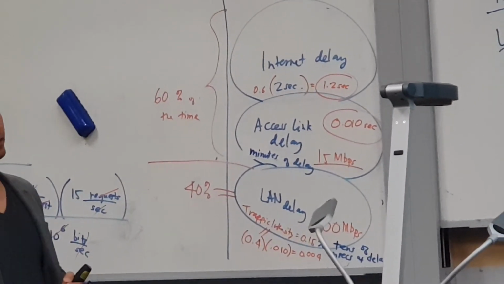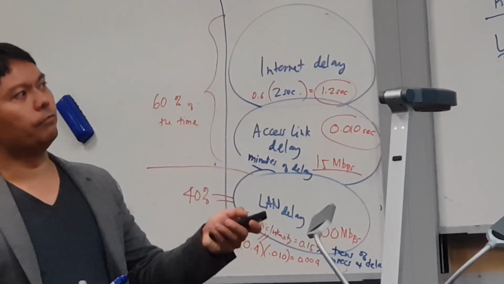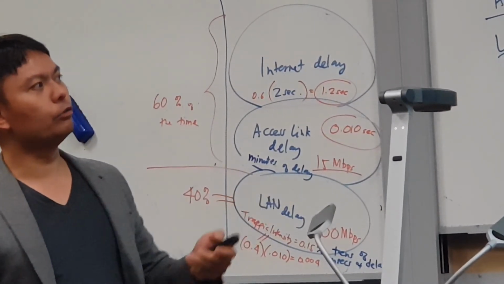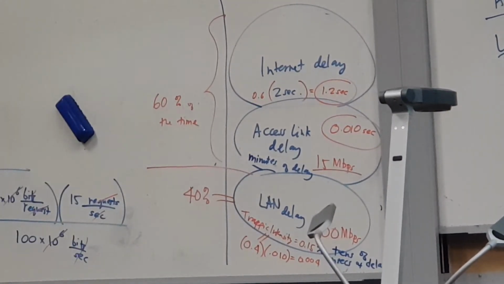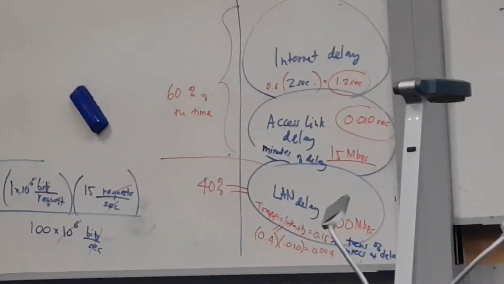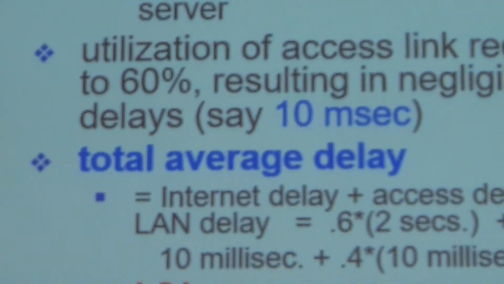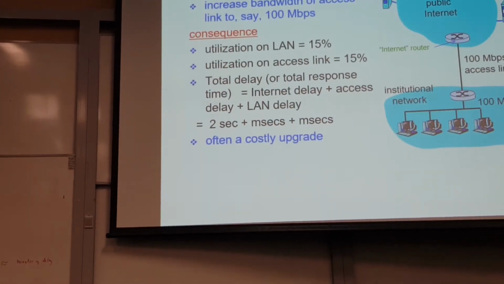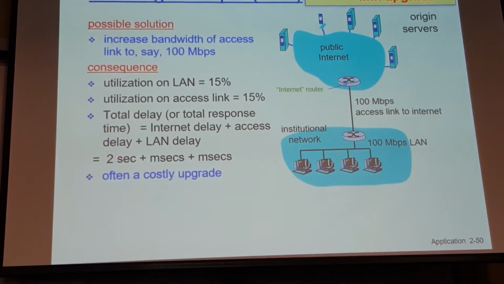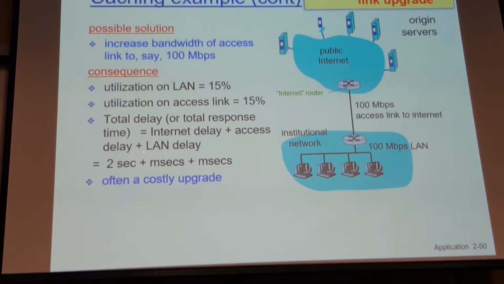If you put them together, we will be facing only a very small delay of 1.21 seconds. And 1.21 seconds is a shorter total average delay, as compared to doing a very costly link upgrade that will still incur an average total delay of 2 seconds plus.